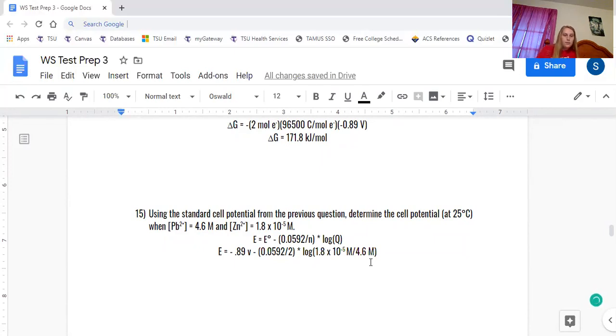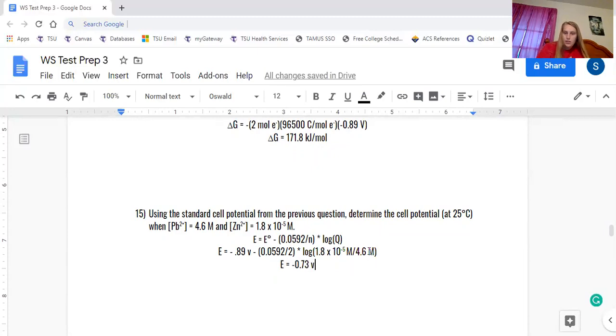And if you solve all your math out for that one, you're going to get your E, not E cell, your E is going to equal negative 0.73 volts.